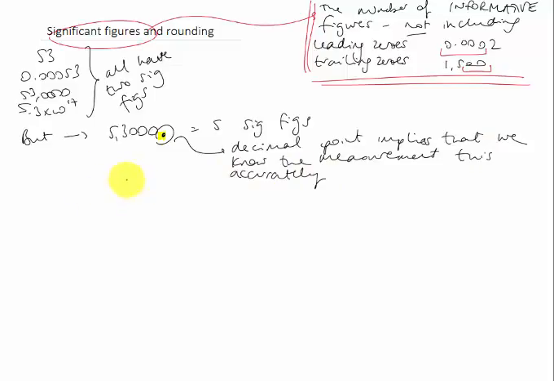And to go even further, if I were to say 53,000.0, any zeros after the decimal point also count as significant figures.